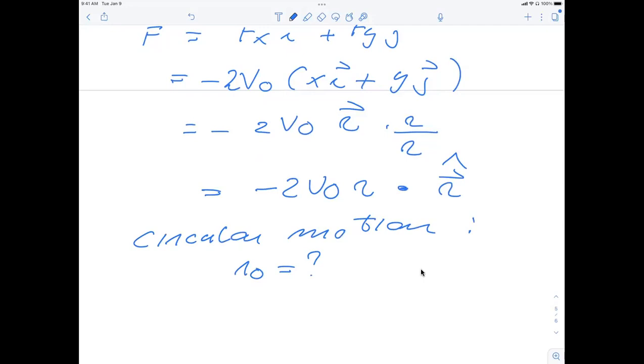So this is actually you rebooting your memory and going back to physics 183. I didn't say goldfish memory because I am the one who has a goldfish memory and you are too young to have that. So do you remember what, if you have circular motion, what the acceleration is normally called then?